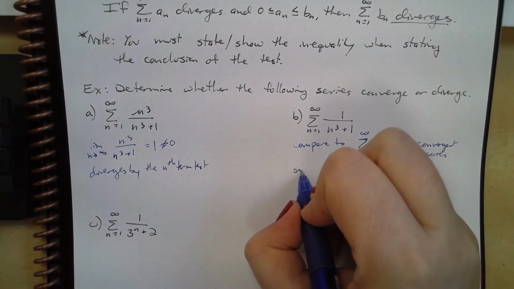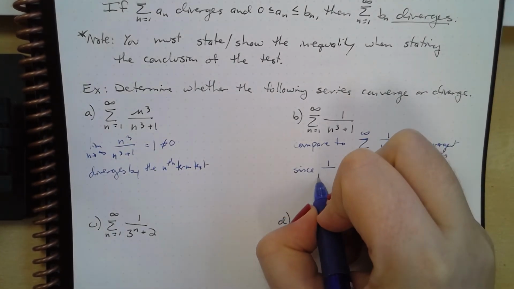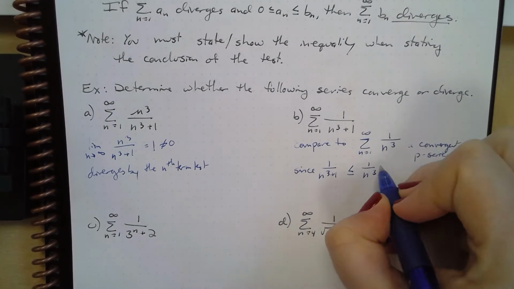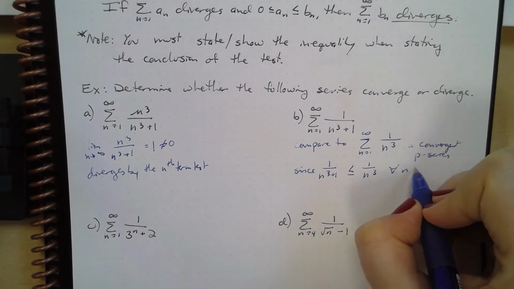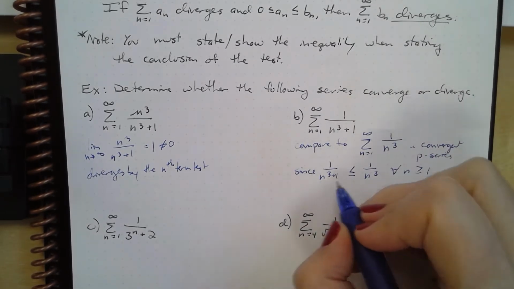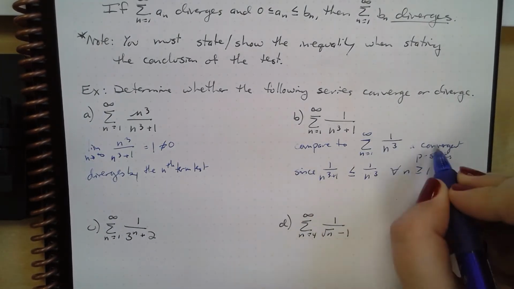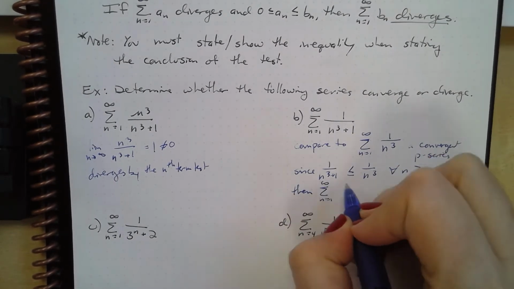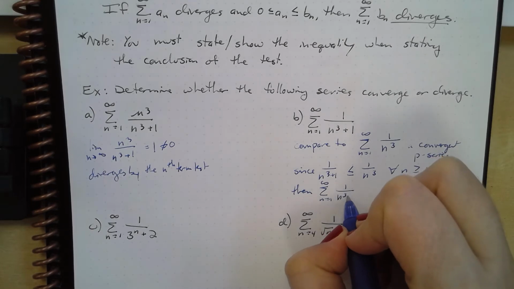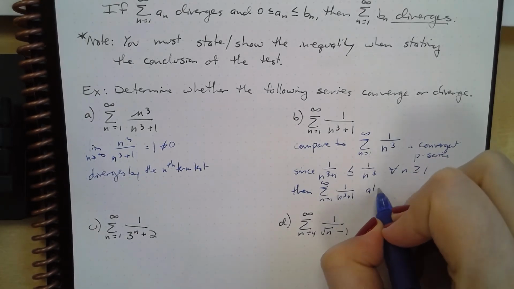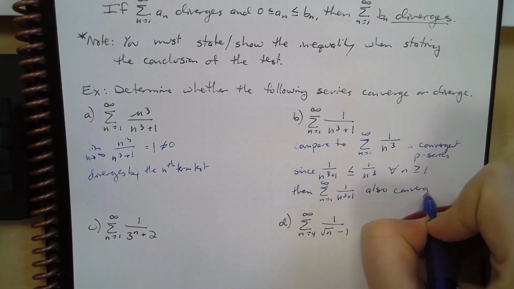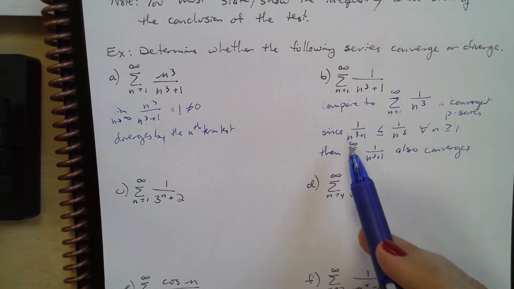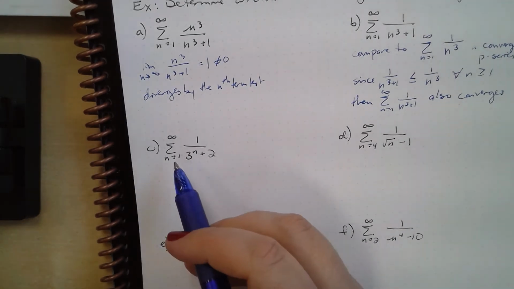So since 1 over n cubed plus 1 is less than or equal to 1 over n cubed for all n greater than or equal to 1, and this converges, then the sum from n equals 1 to infinity of 1 over n cubed plus 1 also converges. Since this is smaller and the bigger one is converging, then the smaller one must also converge.